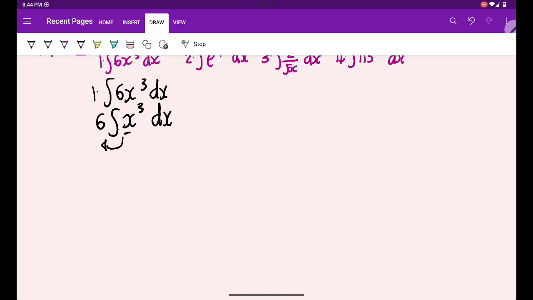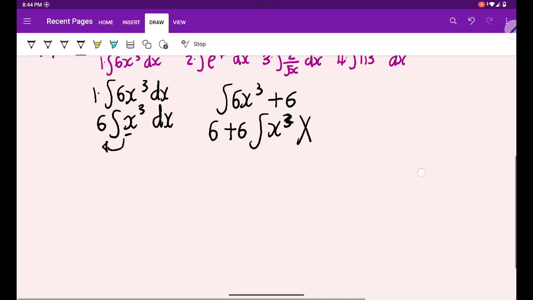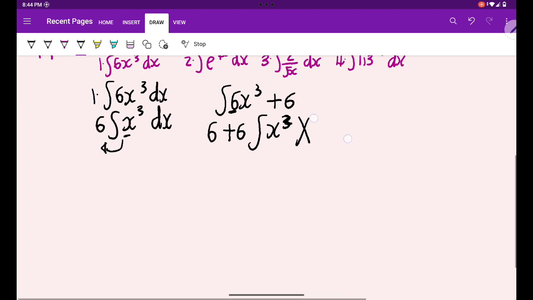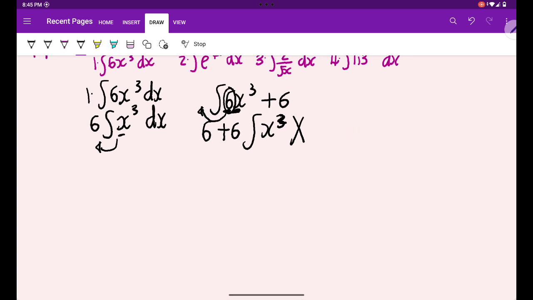So you can't have something like integrate 6x to the power of 3 plus 6 and then take out the 6 plus 6 and have something like this. All right, this is wrong. It is when the constant is a coefficient of x that you are allowed to take the constant to the other side, right?